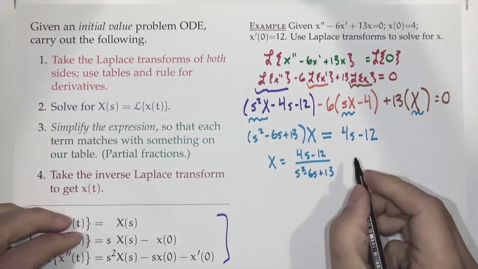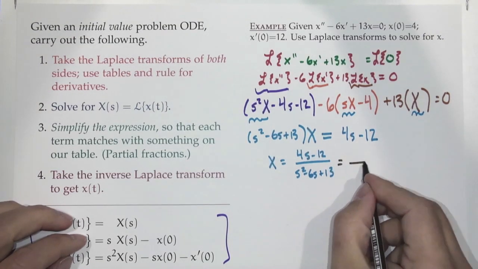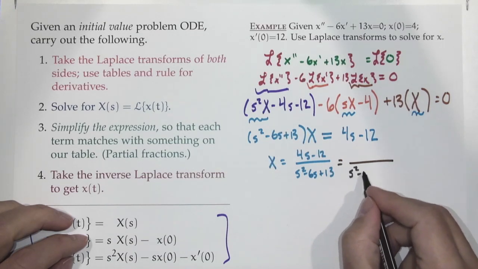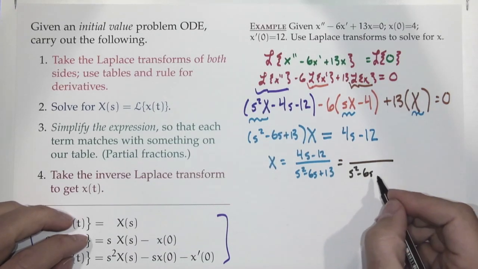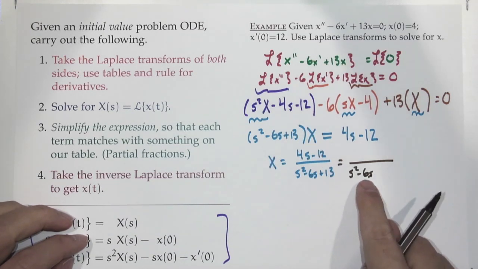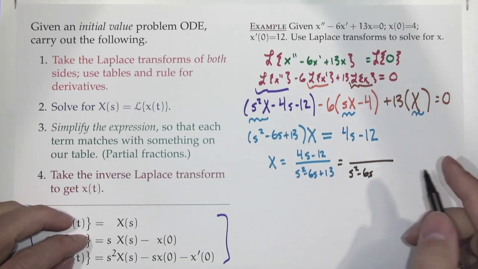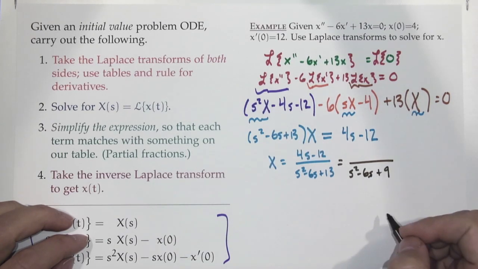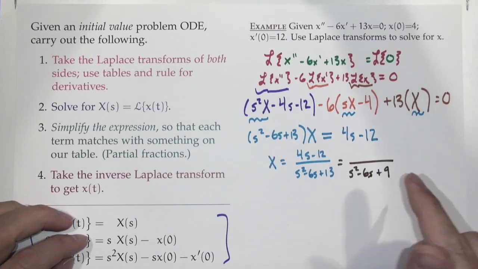So what's going on with complete the square? Let's start with our denominator. We say, well, I have s squared minus 6s, and then what would I need to add? So remember, you take the middle term, divide by 2, and you square that, plus 9. You might say, well, wait, it's supposed to be plus 13.